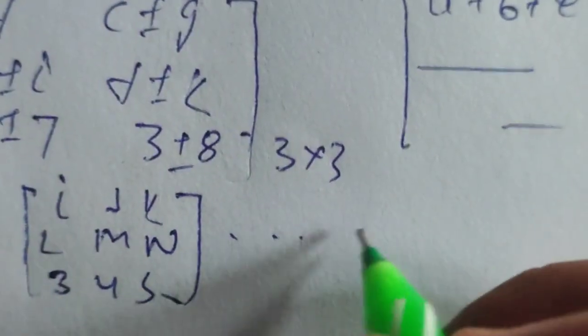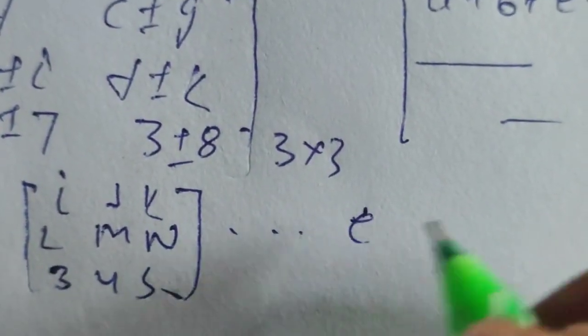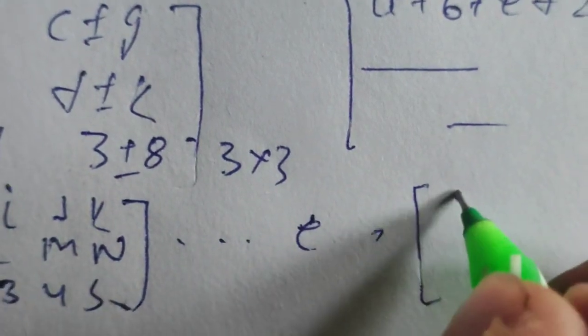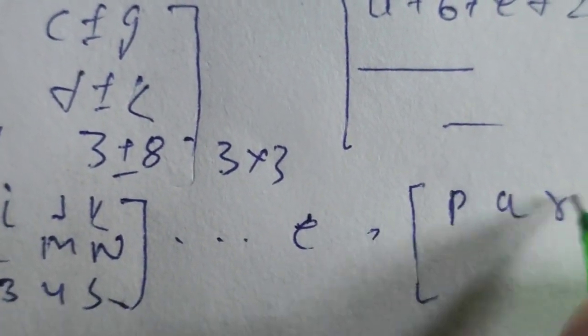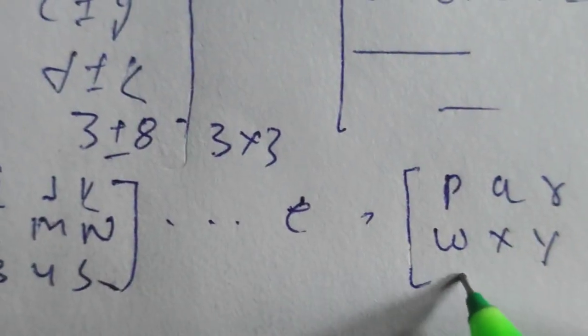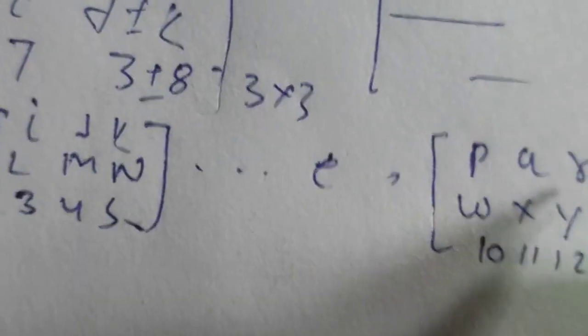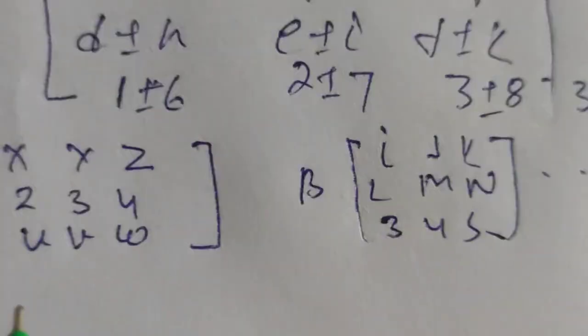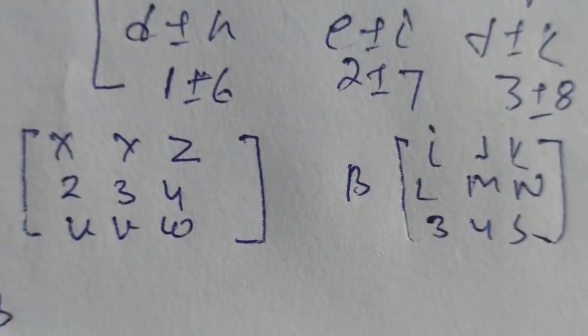Similarly, matrix C is P Q R, W X Y, and 10 11 12. So add them all: A plus B plus C.